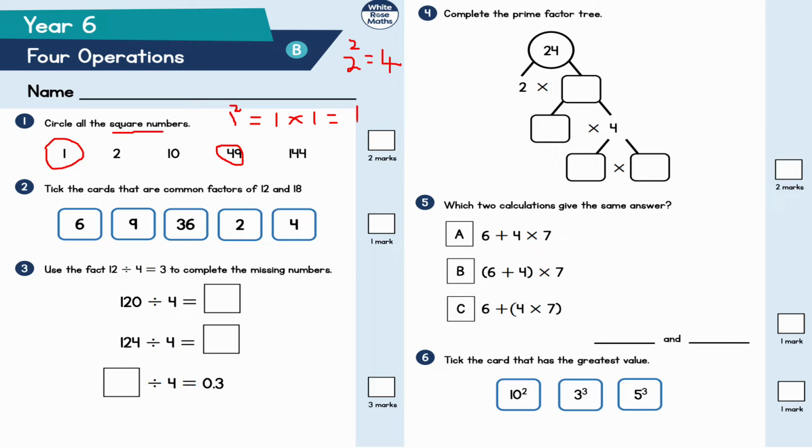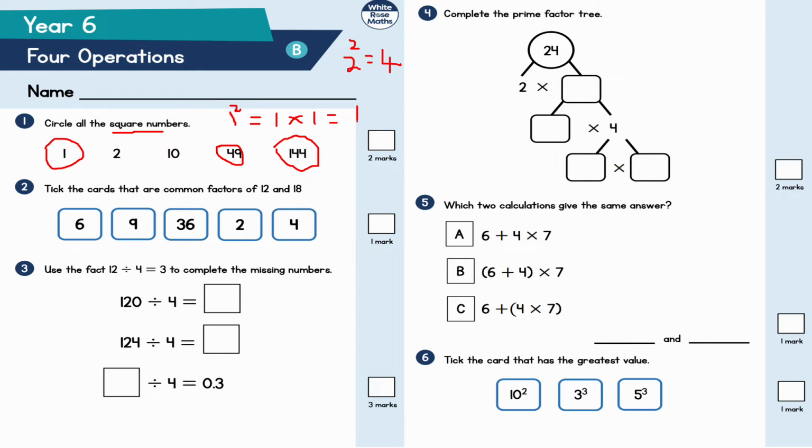So the square root of 49 is 7, because 7 to the power of 2 is 49. 144 is also a square number. It's 12 squared, 12 to the power of 2. 12 times 12 gives me 144. So you do have to learn your square numbers, I would say from 1 to 15.